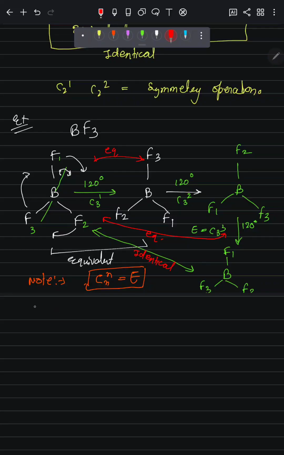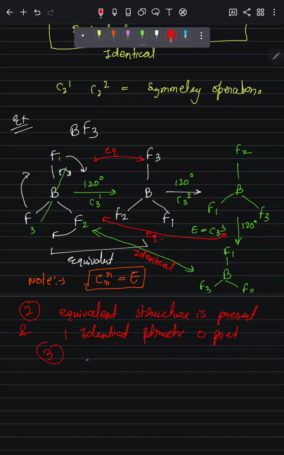Here two equivalent structures are present and one identical structure is present. So the number of symmetry operations performed in this example is 3: C3 1, C3 2 and identity.